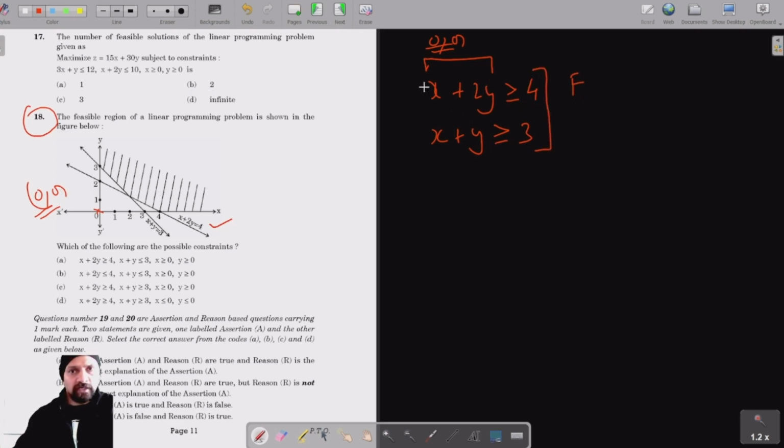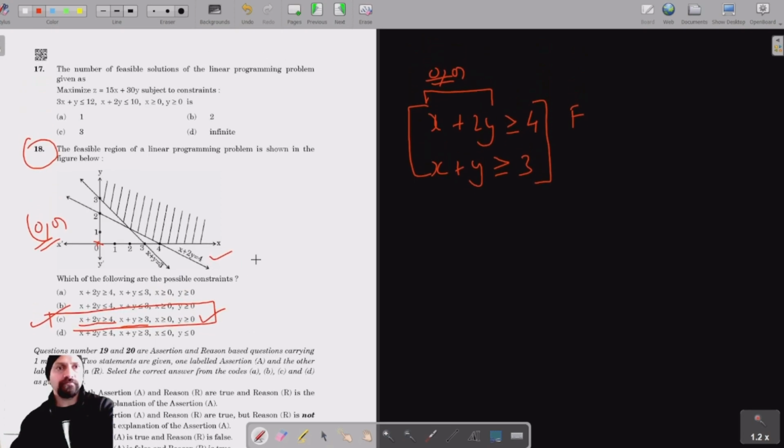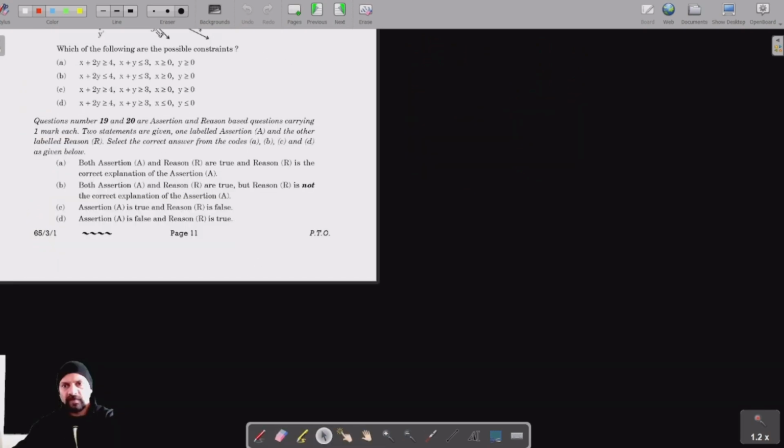And so these are the two possible constraints, and it matches option C, x plus 2y greater than or equal to 4. If you put 0 here, 0 is greater than 4, which is false, and if you put 0, 0 here, 0 is greater than 3, which is false. So option C is the correct option for question number 18.